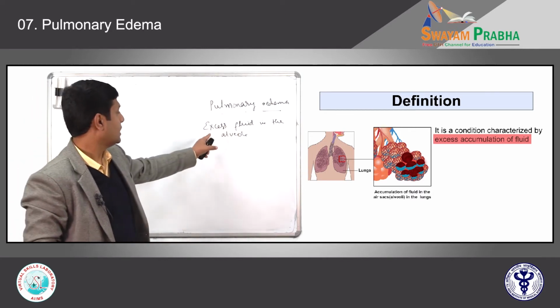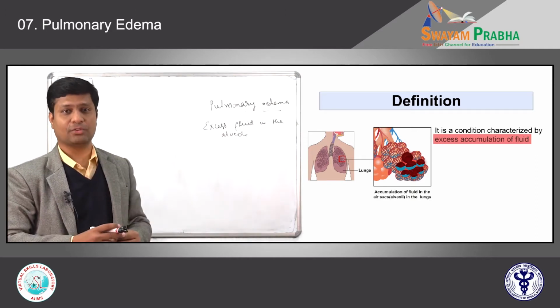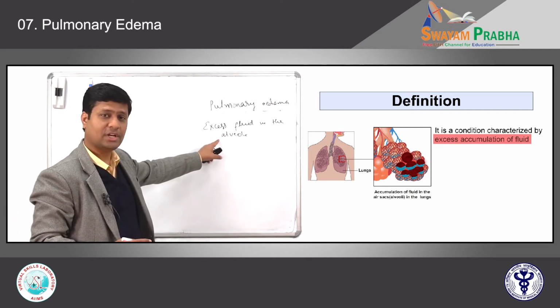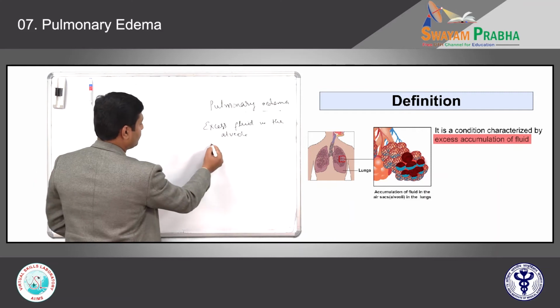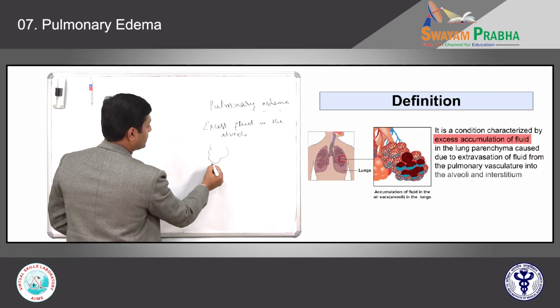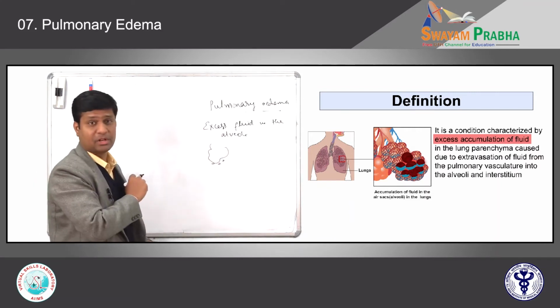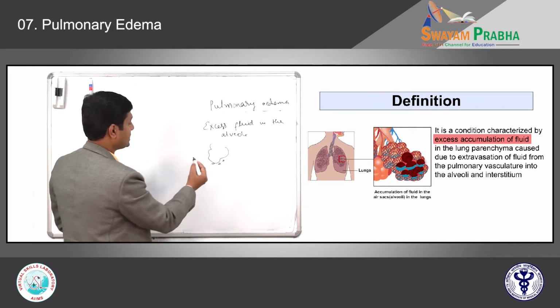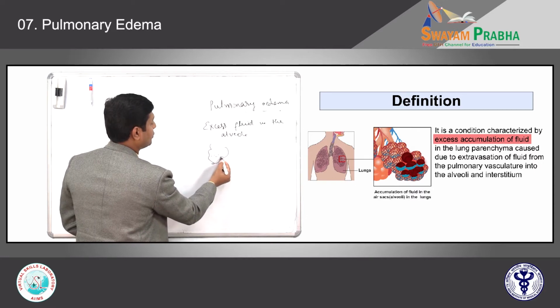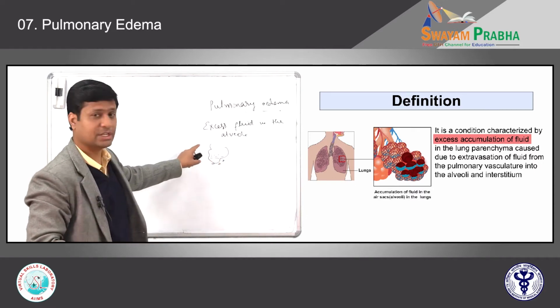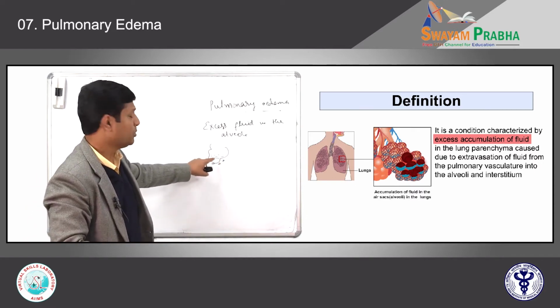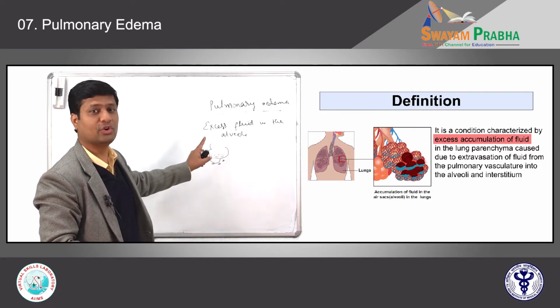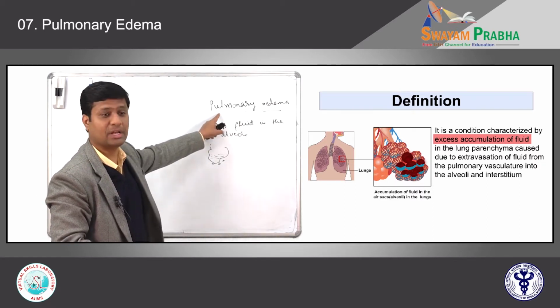How does this fluid get accumulated? If you recollect, the fluid is mainly from the interstitial capillaries. The fluid starts exuding from the capillaries and starts accumulating in the alveolar lumen. So this condition of accumulation of excess fluid in the alveolar lumen, we call pulmonary edema.